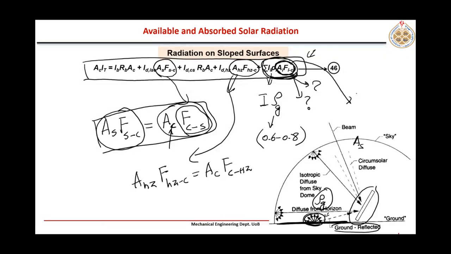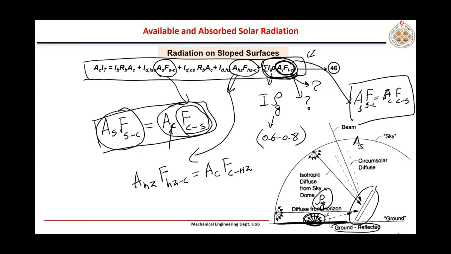Similarly, area of the surface around the collector multiplied by view factor from surface to collector can be written as area of collector multiplied by view factor from collector to the ground reflected surface.